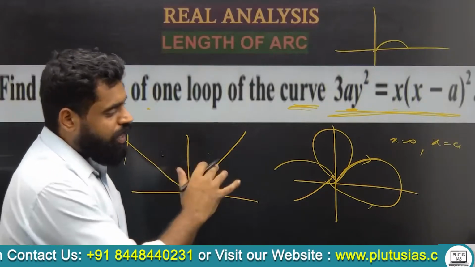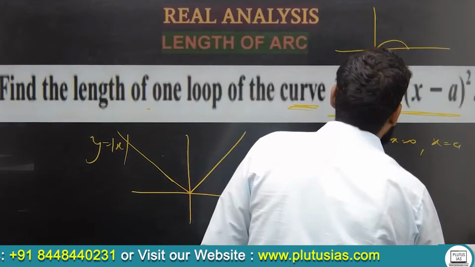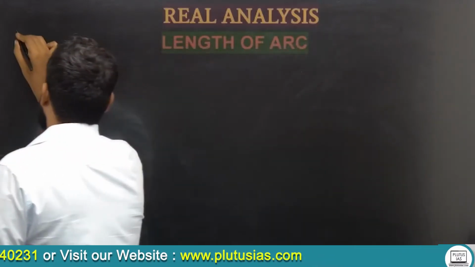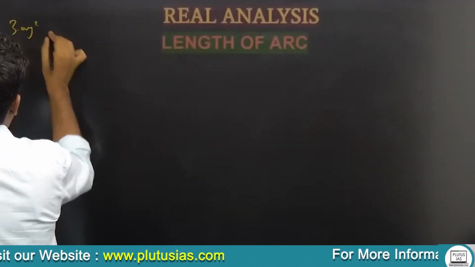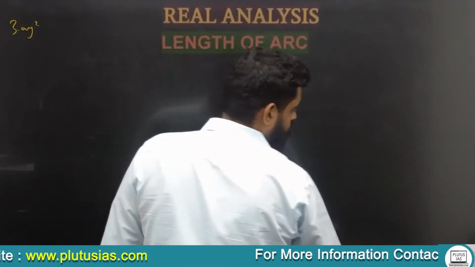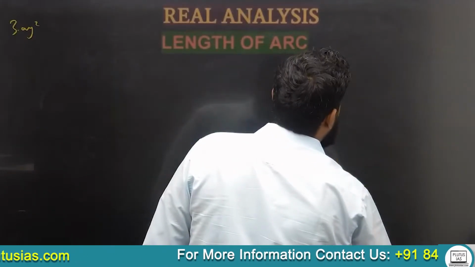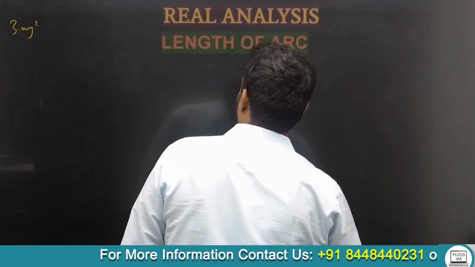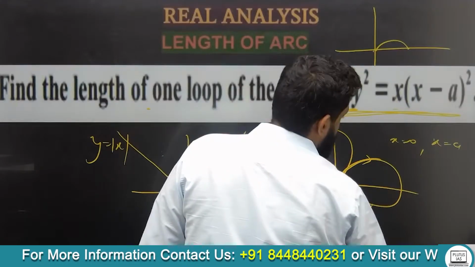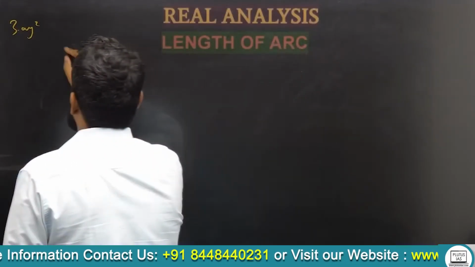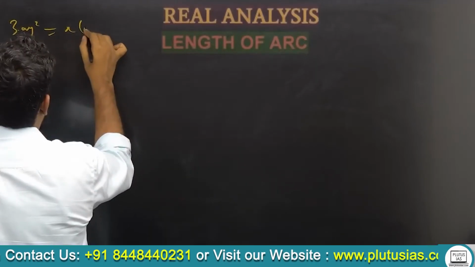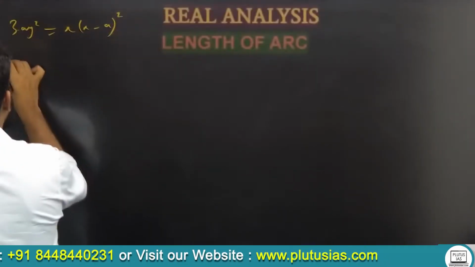So, for this loop, it is given that 3ay square equals x times (x minus a) whole square. So what do we know about its properties?